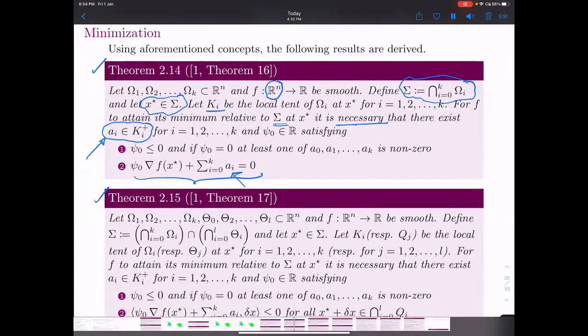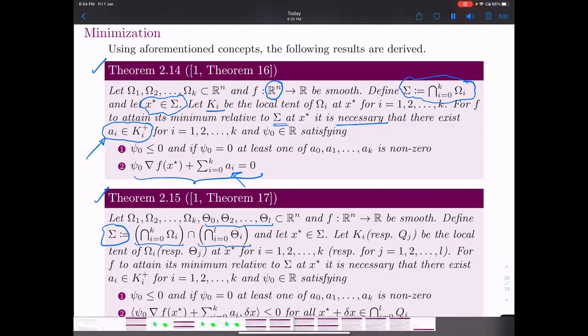So what is the extension of the next theorem over the previous one? Now, if you look at this, in addition to the omegas, you have the thetas coming in here, right? And now your set has become larger, more restricted. It's an intersection not only of the omegas, it's also an intersection of that with the thetas, right?